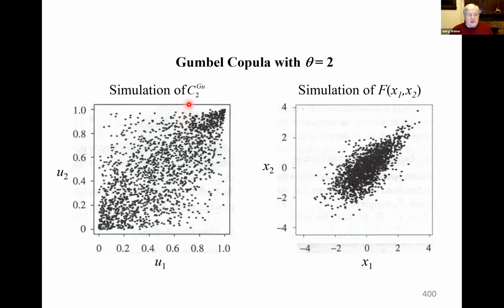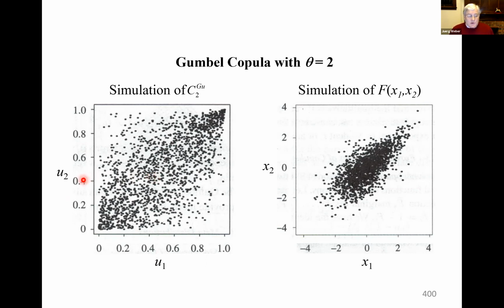So here, that's a simulation of the copula. Here we have U1 and U2, which are the inputs for the copula. I do random draws 1,000 times, and I'm simulating the copula out of that. So I'm getting pairs of U1s and U2s 1,000 times, and I plot that.